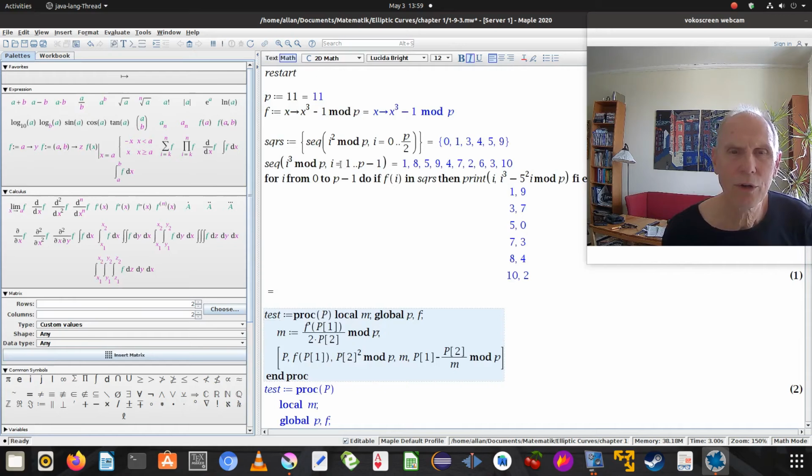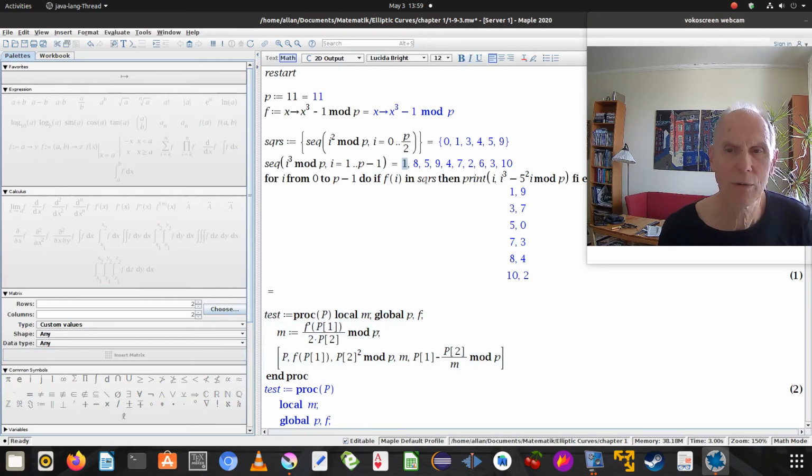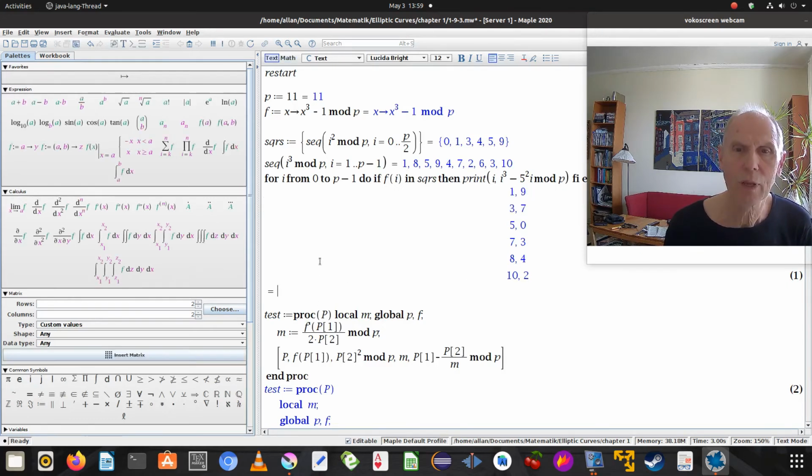And there's only one cubic root of unity, and that's 1. So we only have one unit as claimed. And we can see that x maps to x to the third is 1 to 1. And the number of points, 1, 2, 3, 4, 5, that gives 12 altogether. Do we have a square root of 3? Yes, we do.